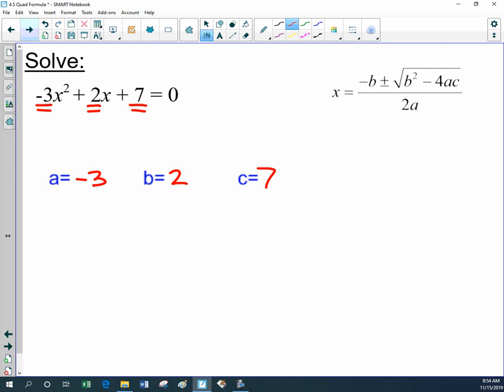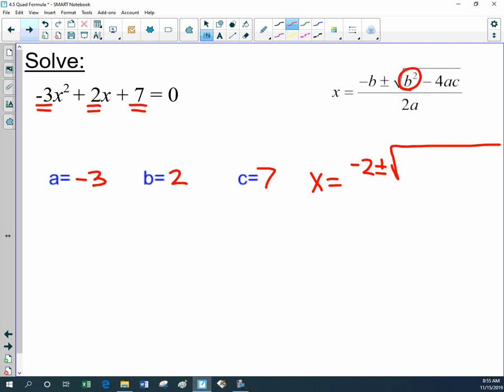So formula says opposite of B. So what do I write? Opposite of B. So it'd be -2 plus or minus the square root of, okay, and then B squared.